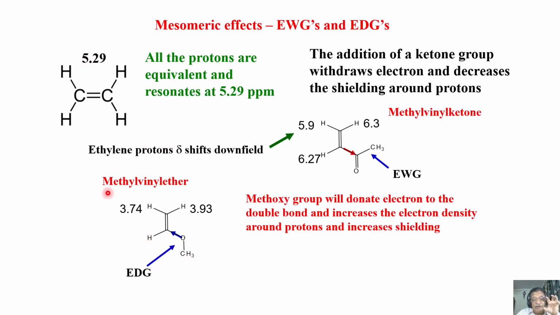When you put an electron donating group, the shielding became more. Unlike in this molecule, instead of moving downfield, in this molecule the protons started moving to high field. Remember, instead of 5.29 ppm of ethylene, these protons started appearing at 3.74 and 3.93, much higher field than 5. Of course, there is a value for this also. I didn't write it down because all the 3 are non-equivalent. We have 3 different protons.